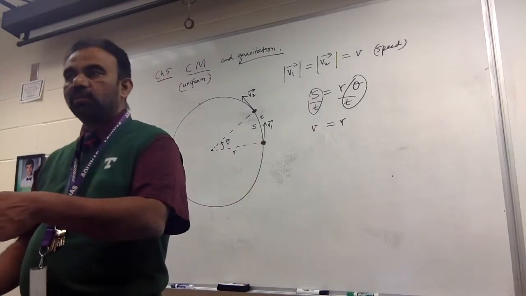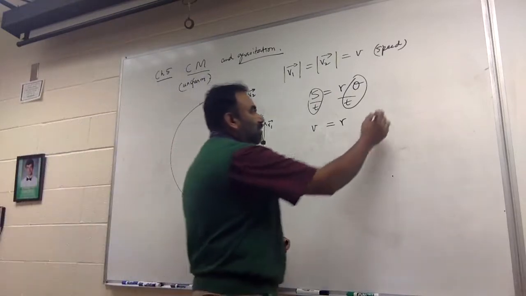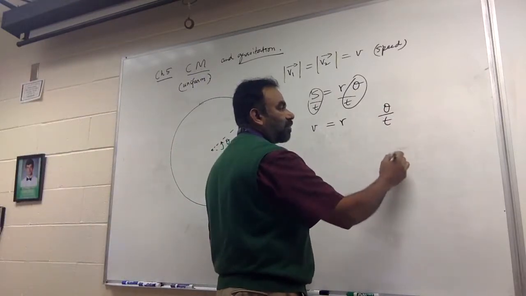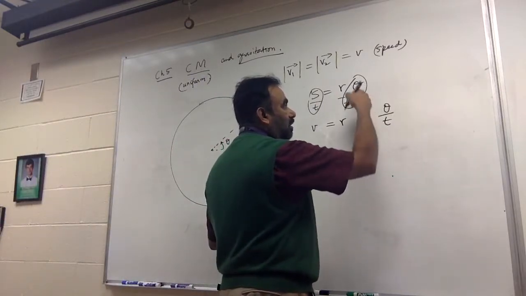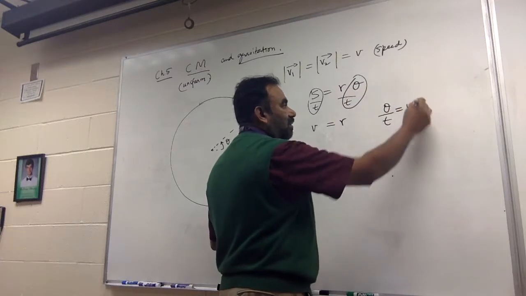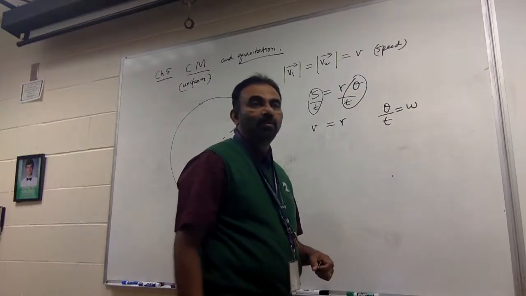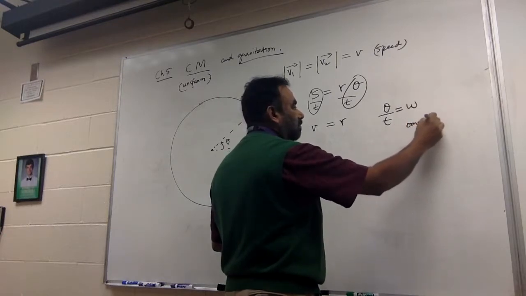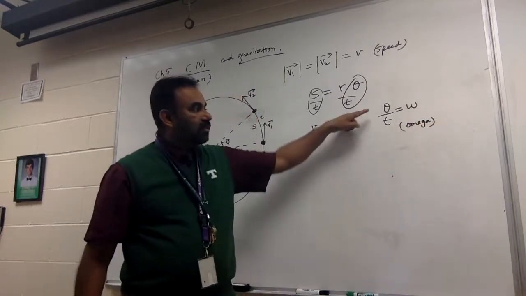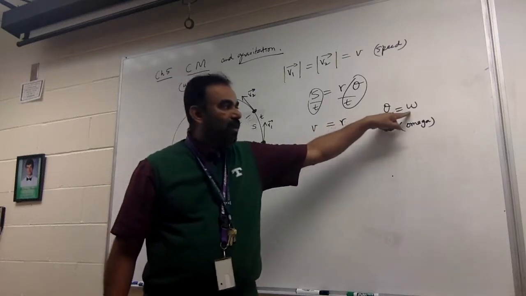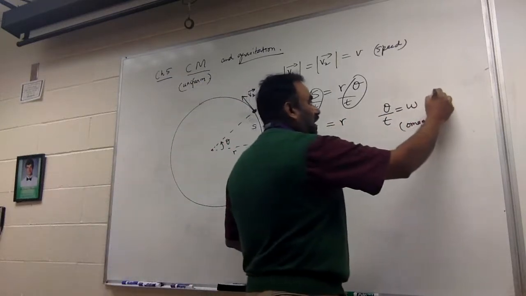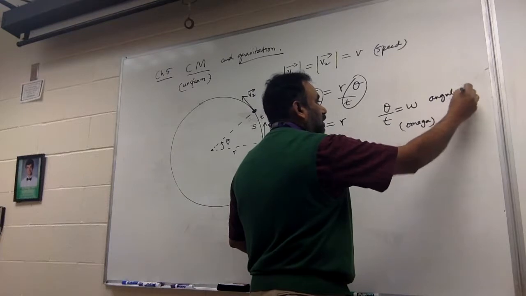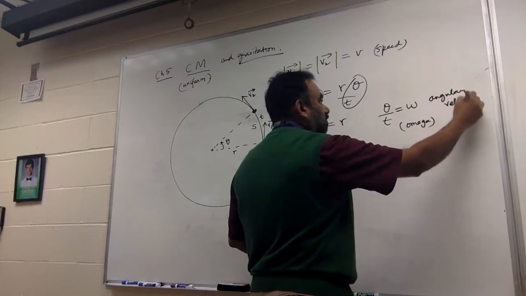Angular velocity. So theta divided by time, this part of it is given a new letter, omega. So theta divided by time is omega, and what is omega? It is the angular velocity.